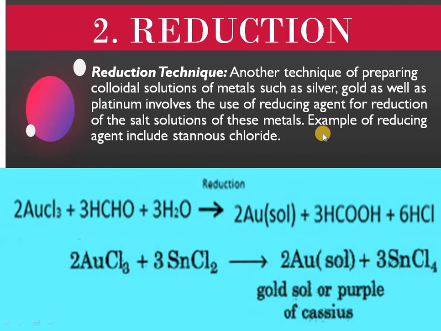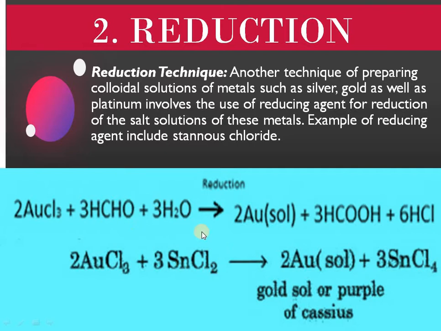Moving to the next, reduction. In the reduction method, solutions of metals like silver, gold as well as platinum are used, with a reducing agent for the reduction of the salt solution of these metals. For example, the reducing agent can be stannous chloride.